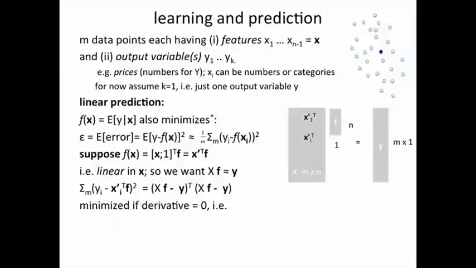The way you would take the derivative is you would expand this out, and you'd get one term which is f transposed X transposed Xf. So there are two f's there. So when you take the derivative of that, you'll get twice X transpose Xf. And then you'll get two elements where there's a y transposed X into f, or an f transposed X transposed into y.